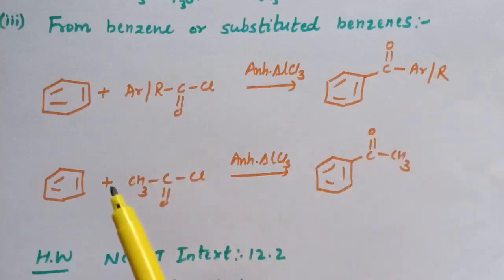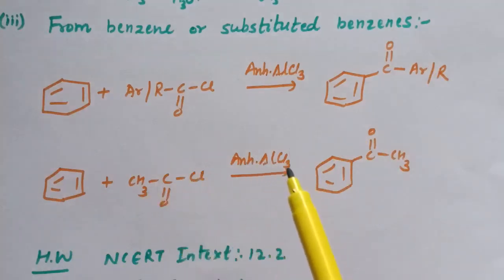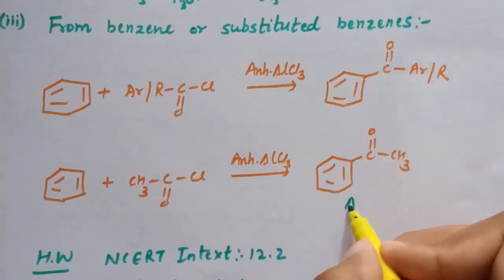One example is written here: benzene on treatment with acetyl chloride in the presence of anhydrous AlCl3. Here the acetyl group is substituted on the benzene ring, and the product is acetophenone.